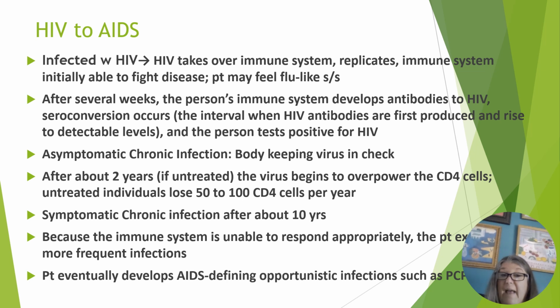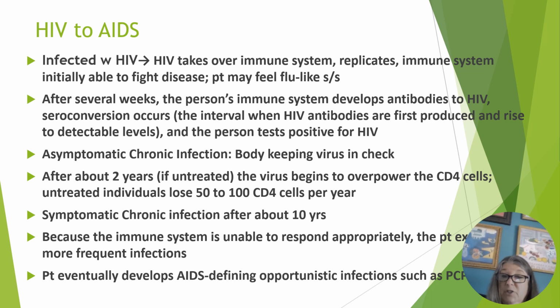All right? So it takes over that cell. The HIV DNA is now in charge of cell reproduction and produces new viral proteins. The viral proteins are assembled and new HIV viruses are released to infect other CD4 lymphocytes. So it gets in there, it takes over the DNA of the CD4 cell, and then it releases more HIV virus to go out and infect more CD4 lymphocytes.